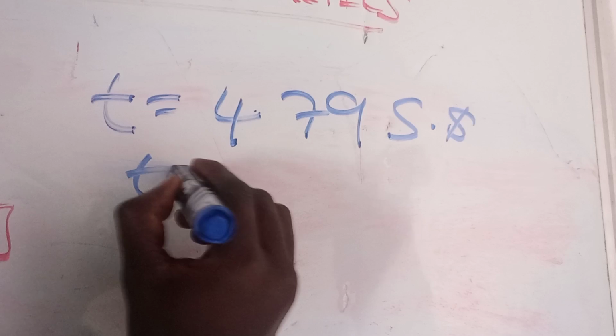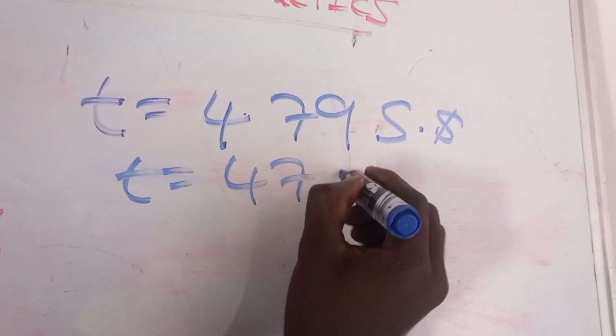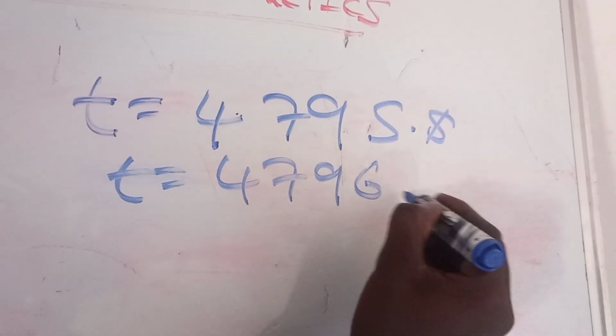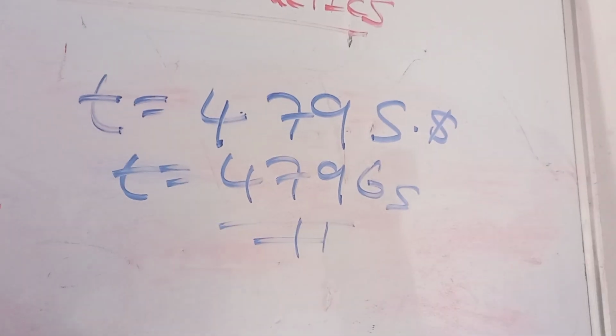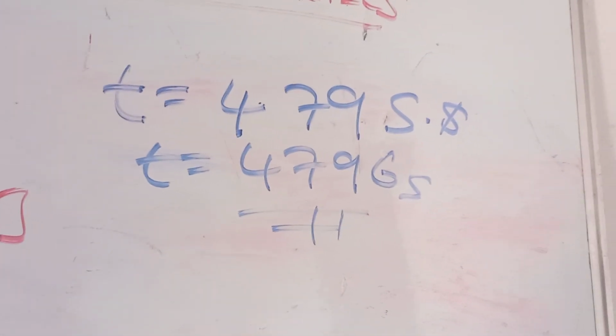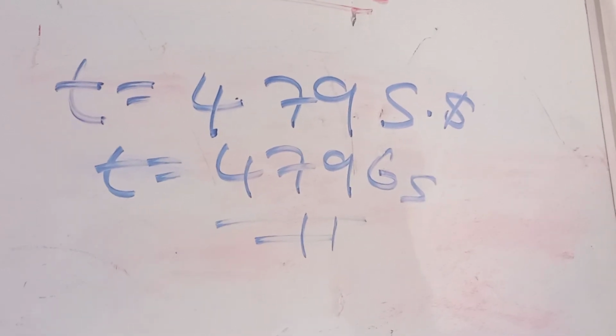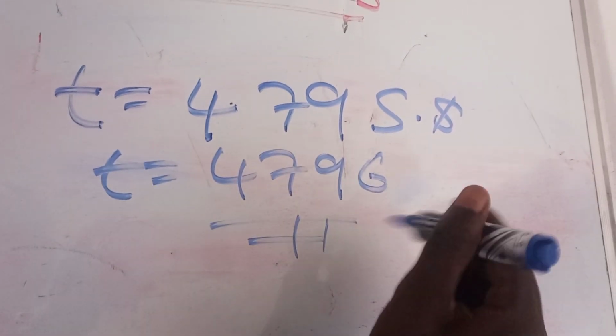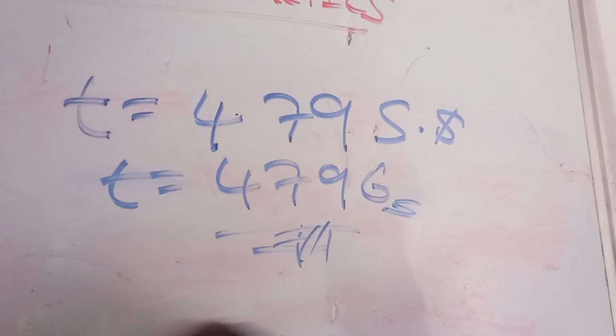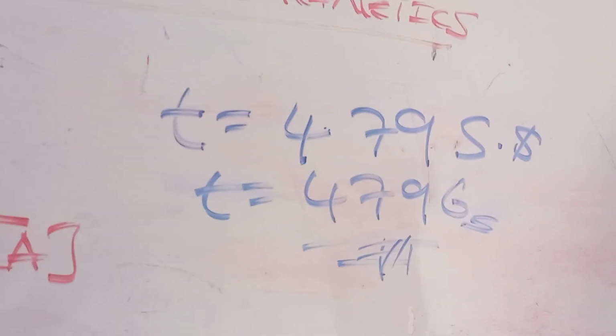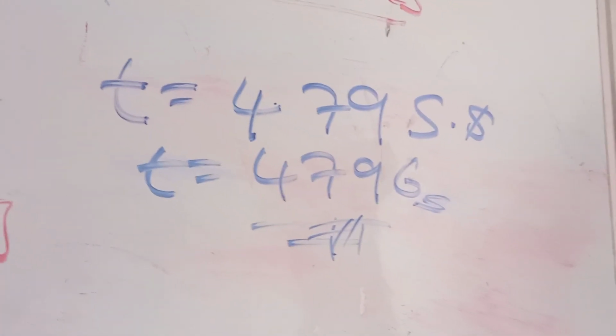Possibly you can try to round off to an exact number. We're going to have 479, which will be 6 seconds. So in this case, the time required to reach 75% is 4,796 seconds. This is the time that is required for the reaction to reach 75%.